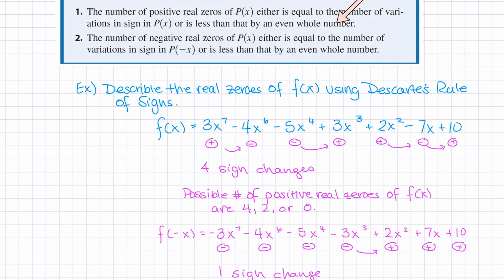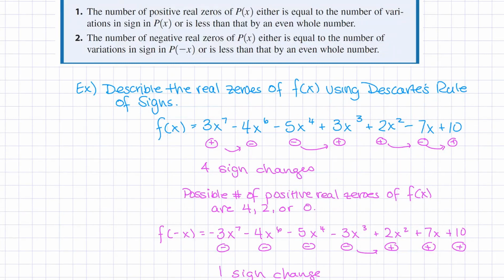Basically just keep subtracting 2 until you can't anymore. So 4 minus 2 is 2. 2 minus 2 is 0. 0 minus 2 would be negative. That can't have a negative possible zeros, so I stop there. So I know the number of positive real zeros of this polynomial, there are either 4, 2, or none.